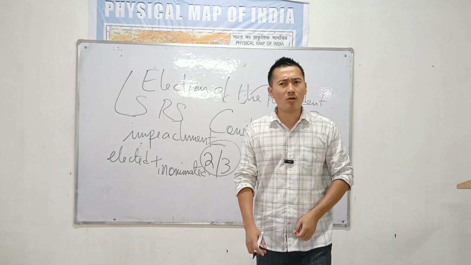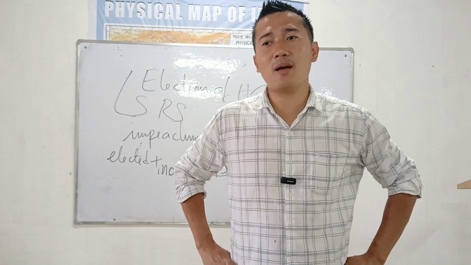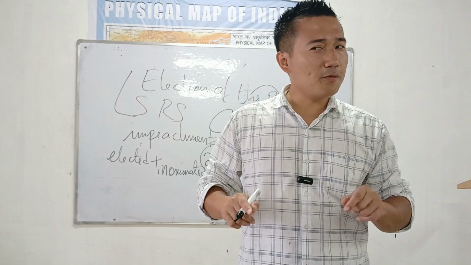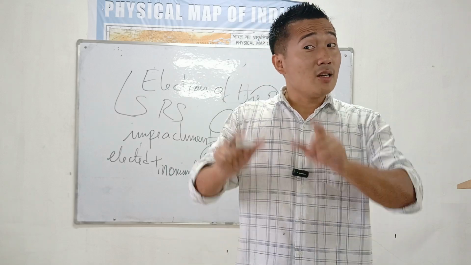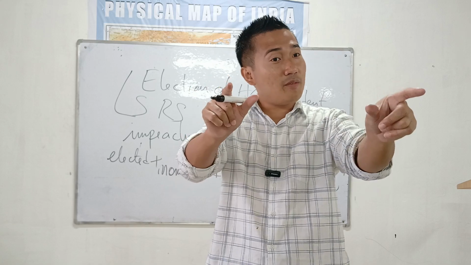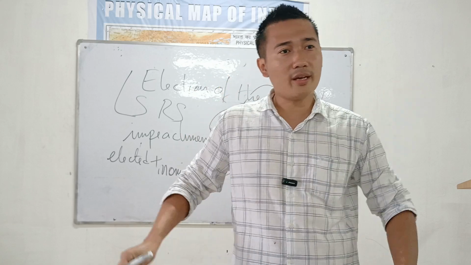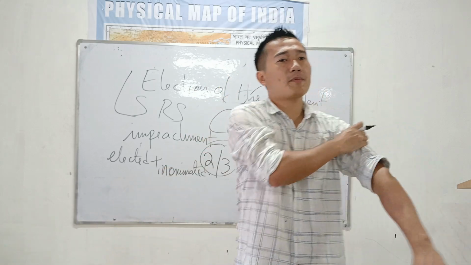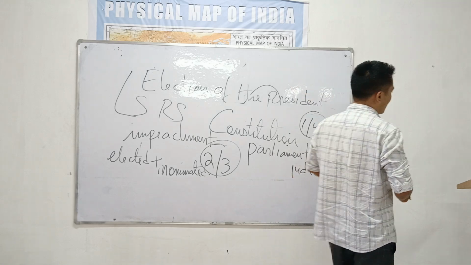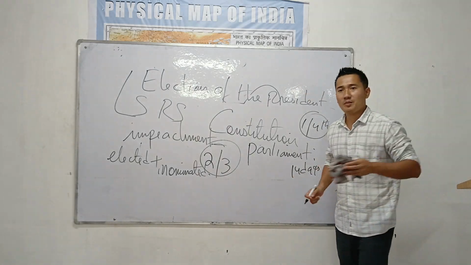In his election, only the elected members. But here comes the change. To remove the President, even the nominated members of the parliament will participate. This is too important. So we will stop here for the impeachment.